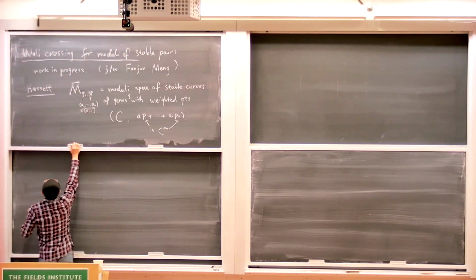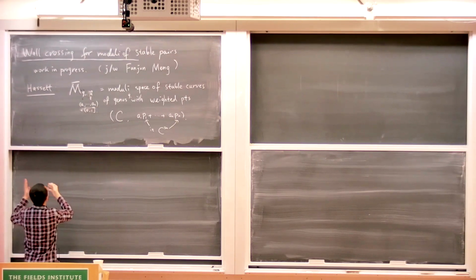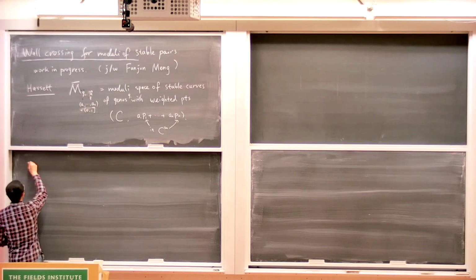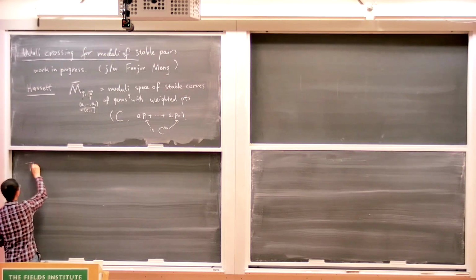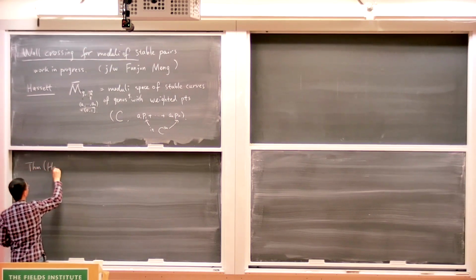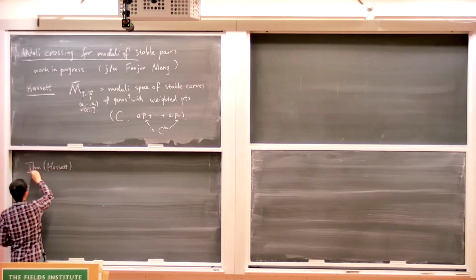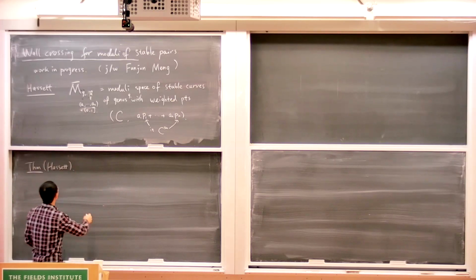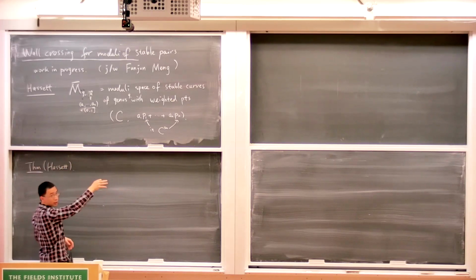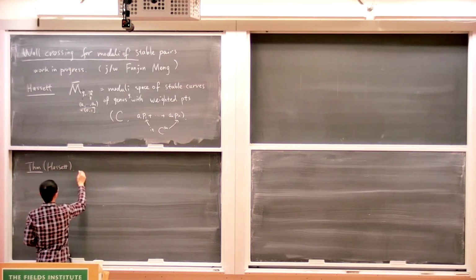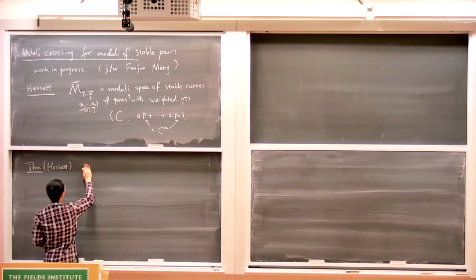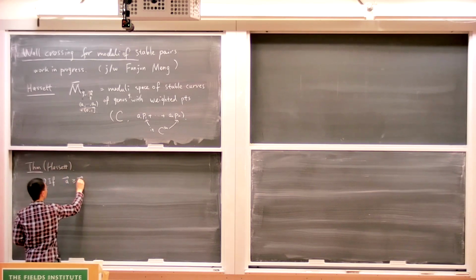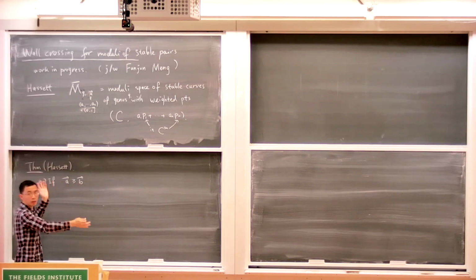So what Hassett studied, and one of the things that Hassett studied, is that he showed the following. Of course this moduli space will depend on the coefficient A that you choose. So what he showed is that if you vary these weights, so if you choose two different weights A and B, then you can compare these two moduli spaces.